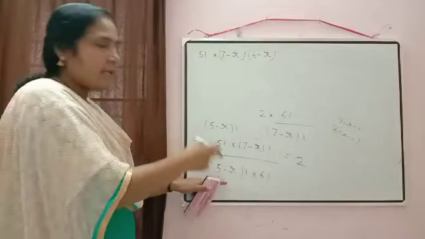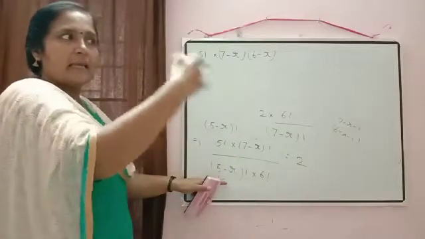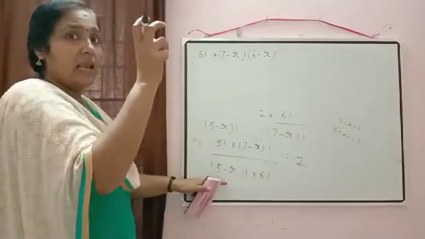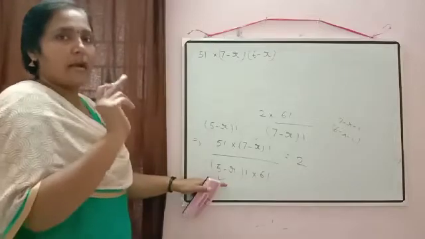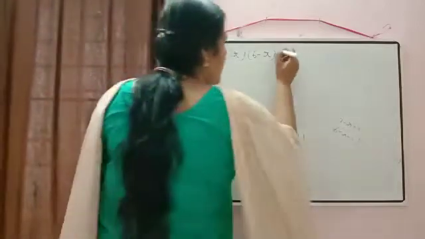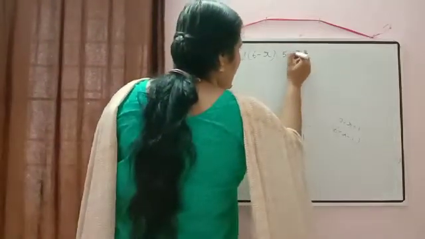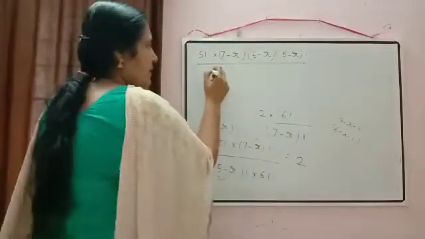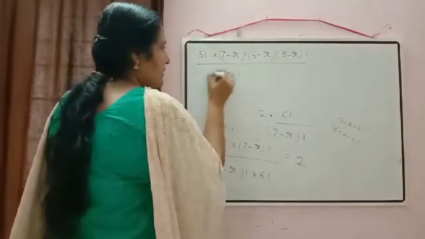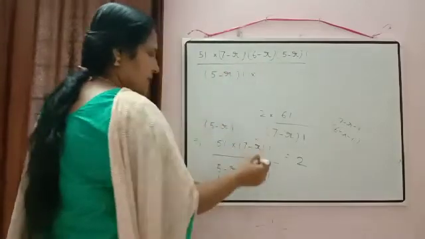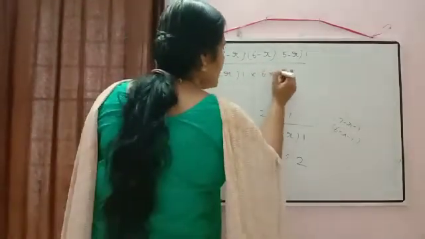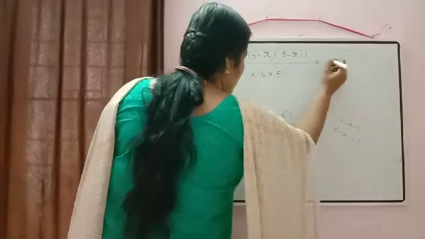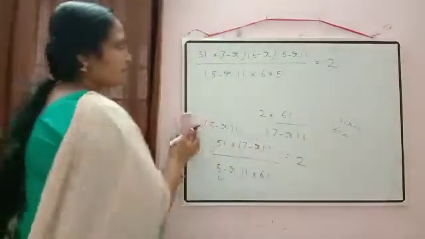If 4 minus r factorial were there, then we would keep on subtracting till we get the expression 4 minus r. So we stop here now. 5 minus r factorial we got here. In the denominator, 5 minus r factorial into 6 factorial, which can be written as 6 into 5 factorial, is equal to 2.